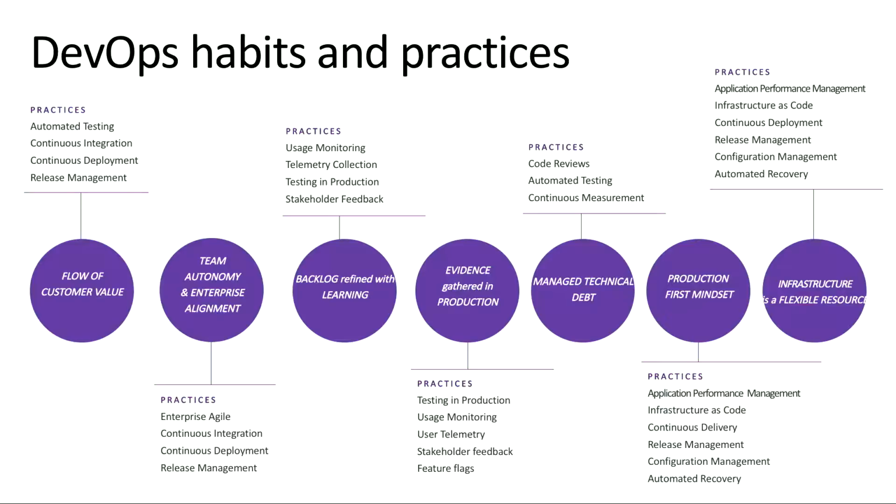So I think that's really my last slide. These are a series of habits that have been developed within Microsoft as we move towards DevOps. I'm not going to go through everything on the screen, but these are some of the habits that drive good DevOps approaches and flow, and there are practices that support those.